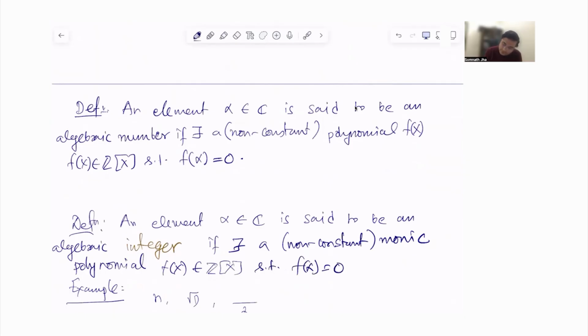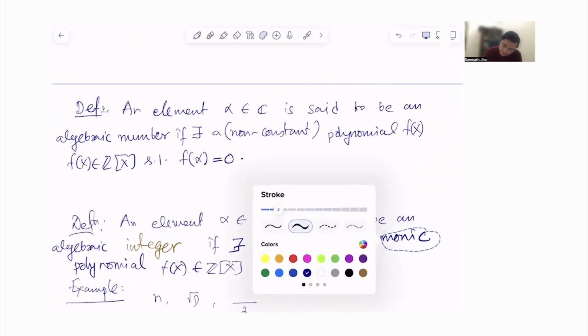So the difference here is that this is monic.